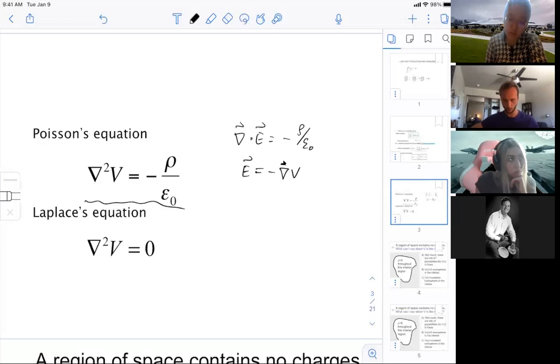To remind us of that, we put a little vector on this symbol, but sometimes you don't. You just need to know what it represents.